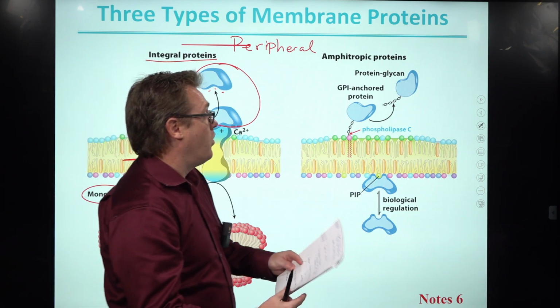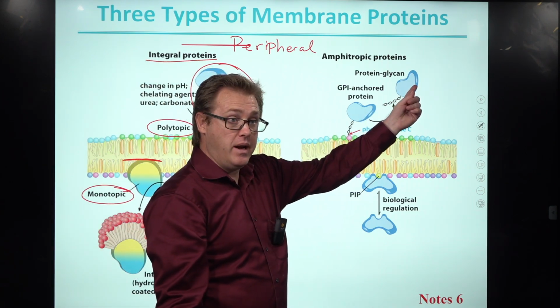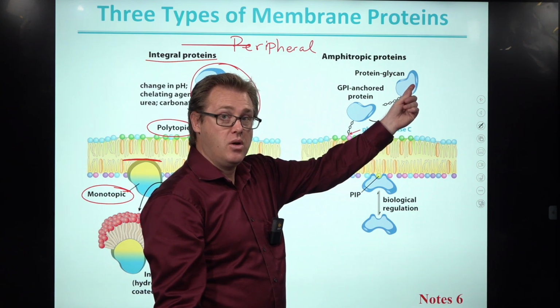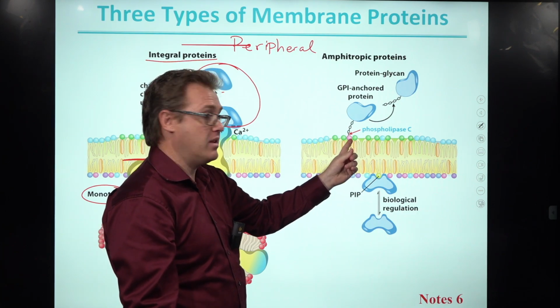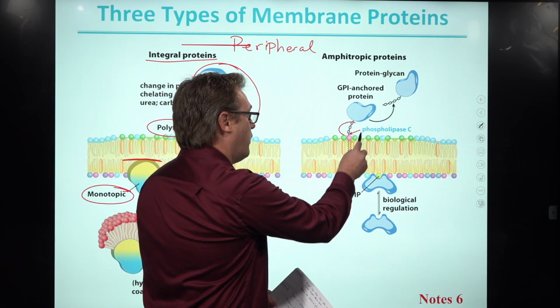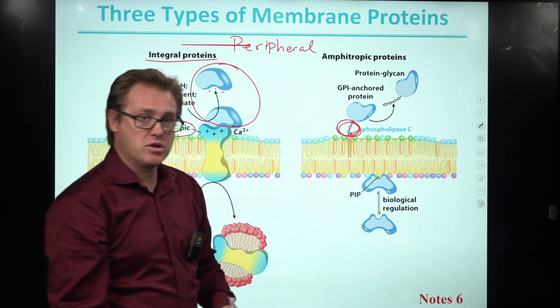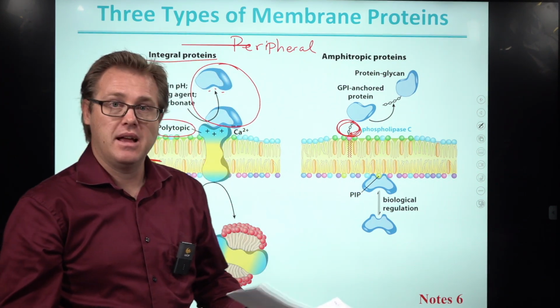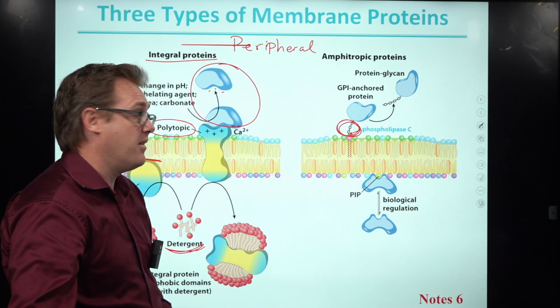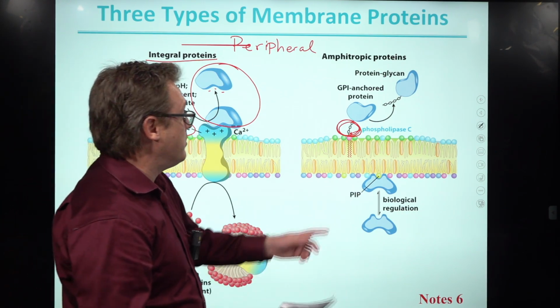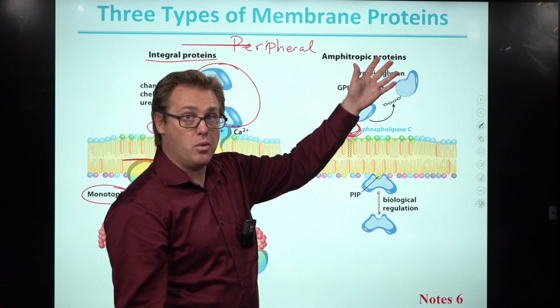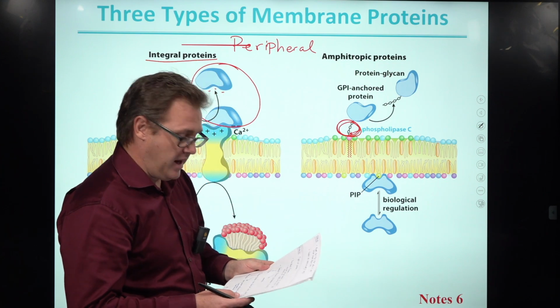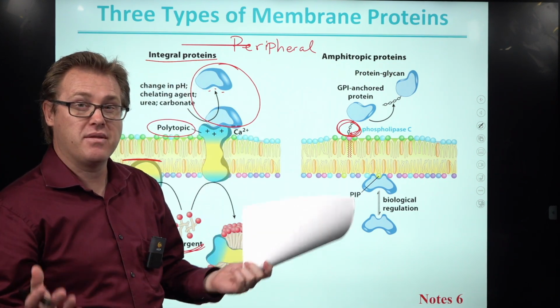So it can be just free floating in the cytosol, or it can be linked to the membrane via a covalent bond. Sometimes those are sugar linkages, and sometimes it's other different types of linkages. But this protein can associate with the membrane and float away. So it can be in two parts of the cell.